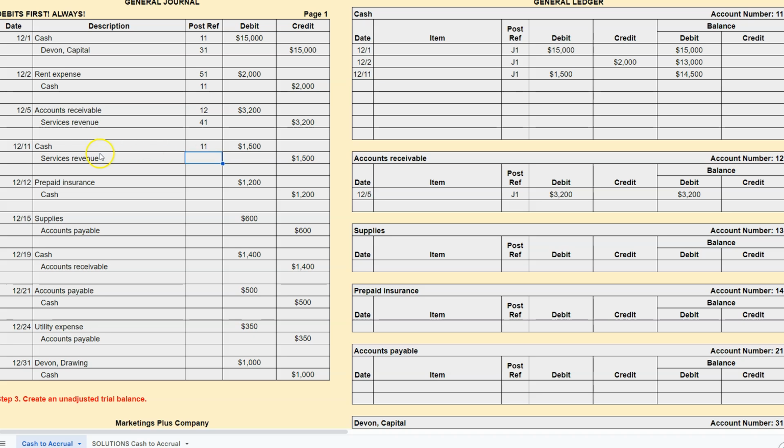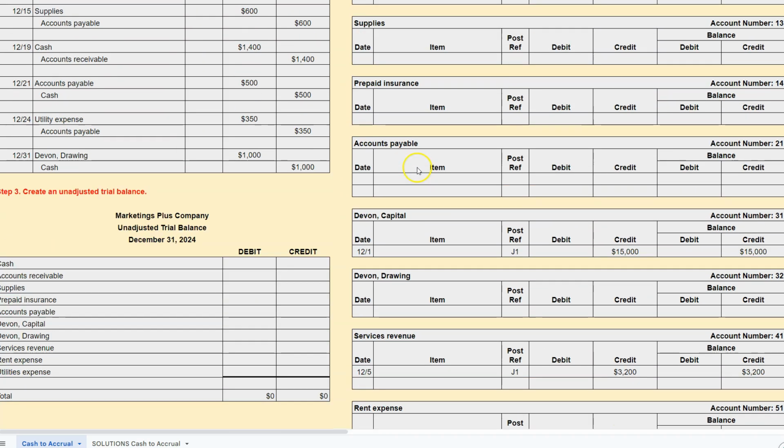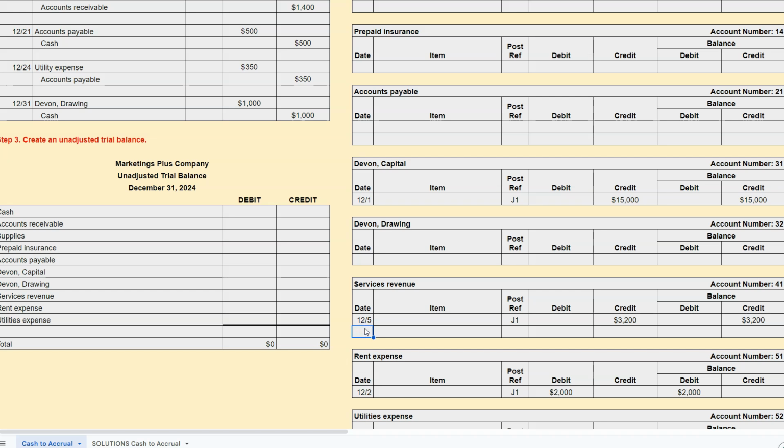Posted. Let's do one here. This one's going to be fun because this is our second service revenue. So on December 11th, we credited services revenue for $1,500. So on December 11th, that was the 11th, right? Yep. J1, we credited for $1,500. Now, what would be the balance here?